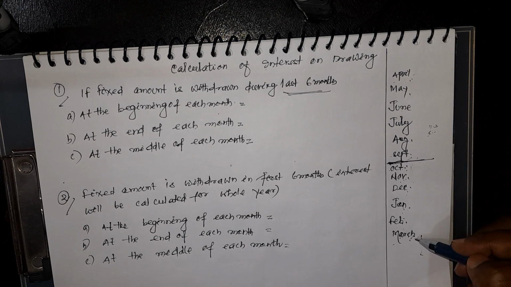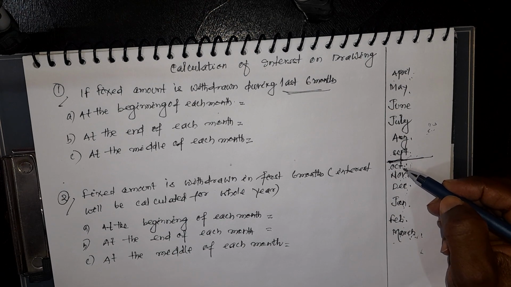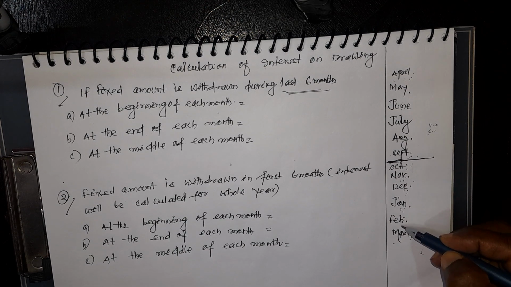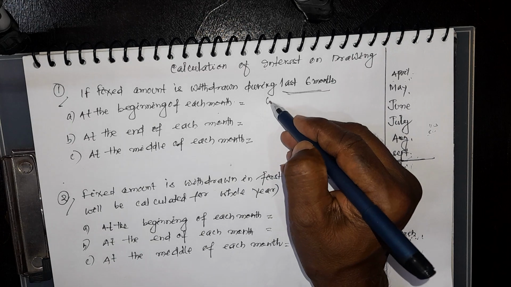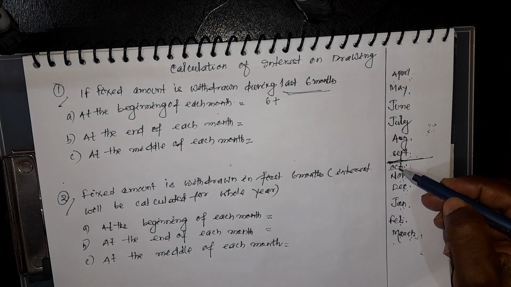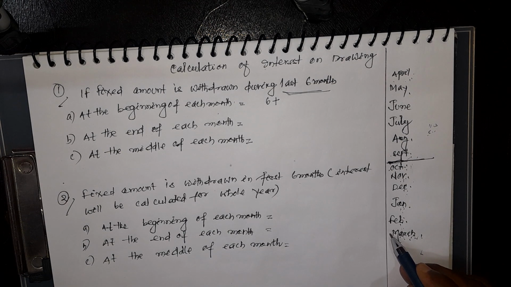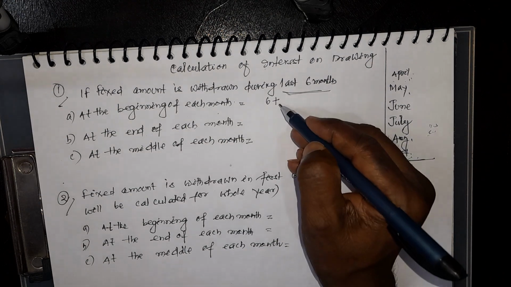So what will be the average period? You see now, 1st October, how many months left? 1, 2, 3, 4, 5, 6. After the first drawing, 6 months left. What is the last drawing? 1st March. How many months? Only 1 month.